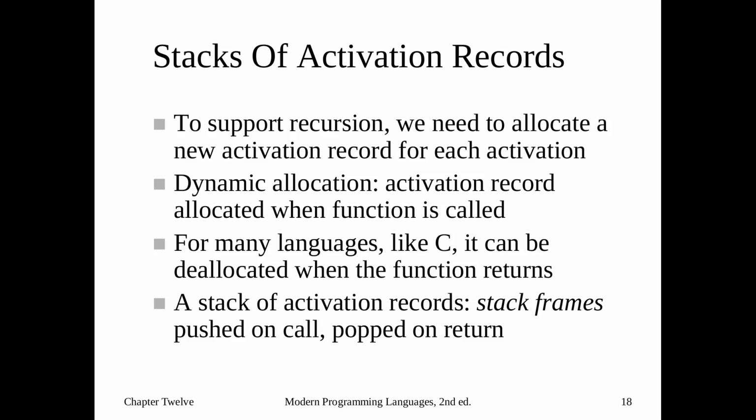In a language like C, we can make a certain assumption: when the function returns, we know it's done, so we can deallocate the activation record. That gives us the capability to create this nice stack. A stack is a last in, first out approach, LIFO, meaning that we can push on the call and then pop on return.